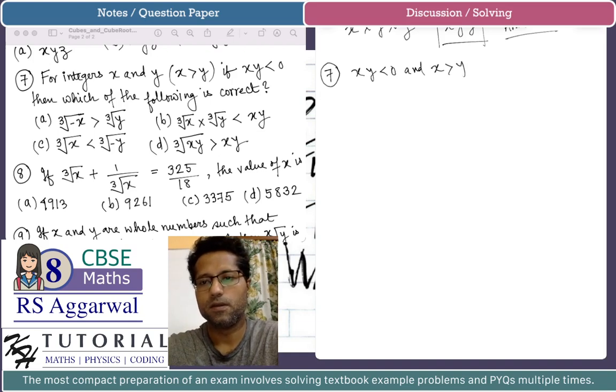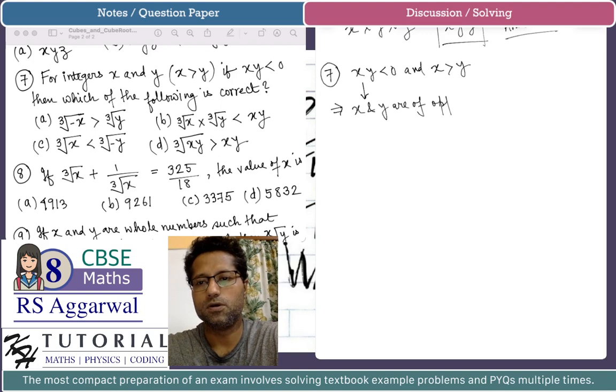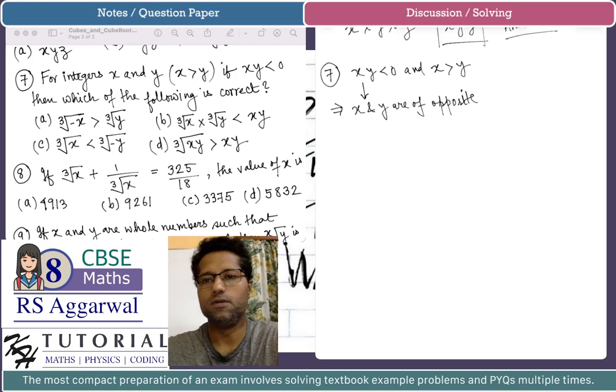Now this xy less than 0 implies that x and y are of opposite signs, because the product of two numbers of opposite signs only makes it a negative value.